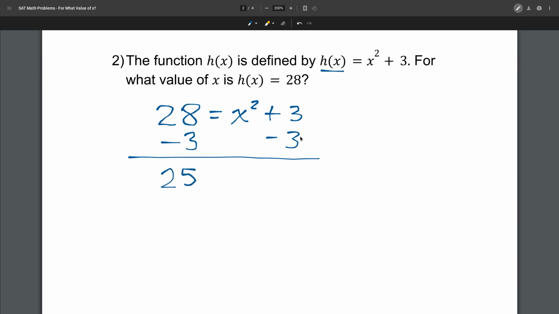On this side, 3 minus 3 is 0, and x squared plus 0 is just x squared. We'll take the square root of both sides. And square root of 25 is 5, so x could equal 5, or x could equal negative 5.